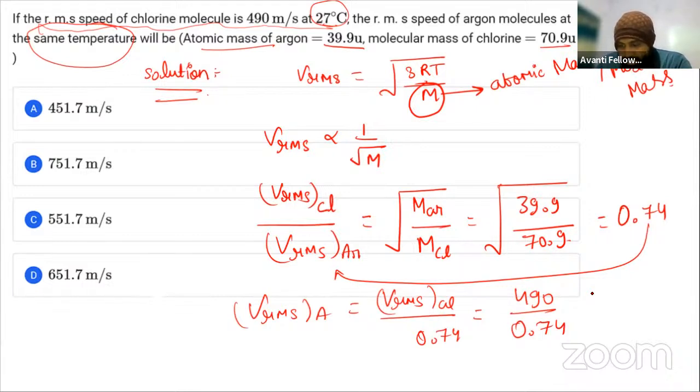Simply divide it. Okay, so it is coming nearly about 651.7 meters per second. Nearly, not saying the exact value.